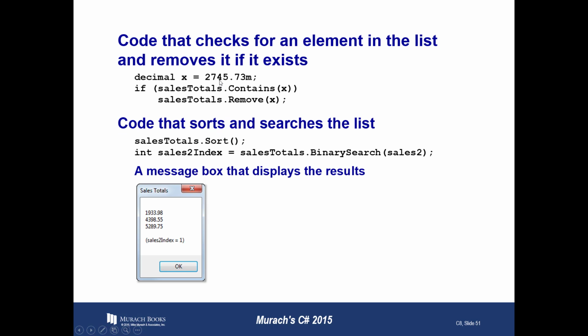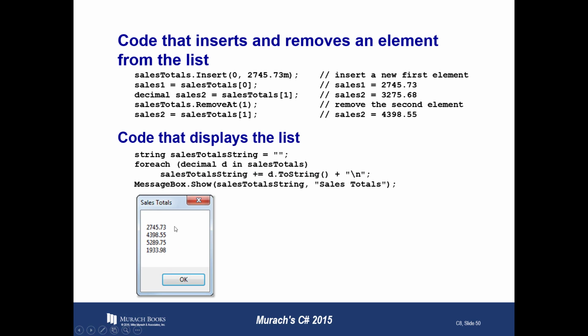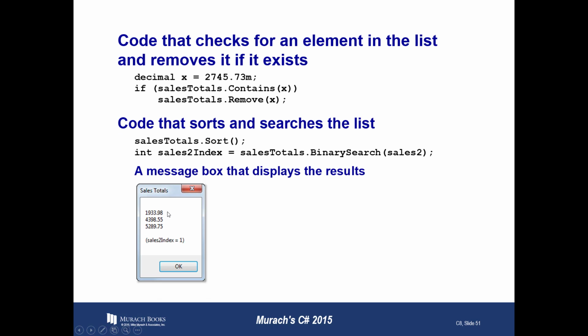And then we remove 27.45.73, so we remove the first one. Then we're saying take what's left and put it into order by using a sort. Then we can use a binary search to see if something does or does not exist, and if it does, where it is.